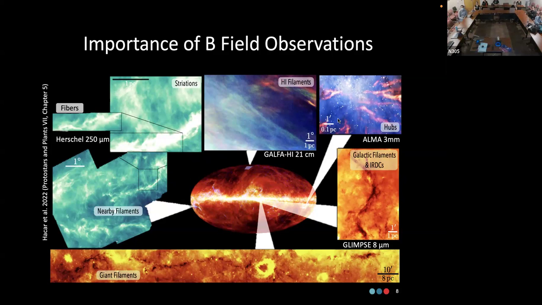We have diffuse atomic hydrogen filaments, filamentary molecular clouds, and filaments within molecular clouds. When we look at the orientation of magnetic fields, projected onto the plane of the sky, with respect to diffuse filaments, we see that they're statistically parallel to each other. And with respect to denser filaments, statistically they're perpendicular to each other.